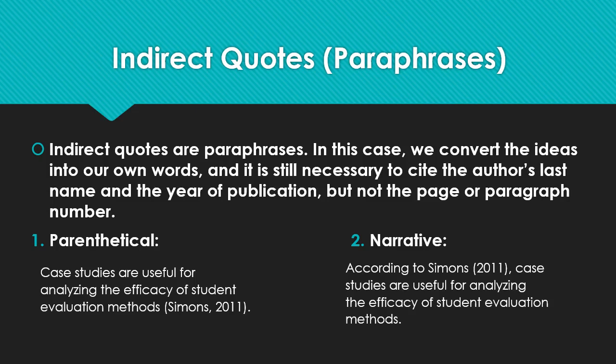But you'll notice that in the case of a paraphrase, there's no page or paragraph number mentioned, only the last name and the year. And of course, there are no quotation marks because it's not a direct citation, it's a paraphrase.